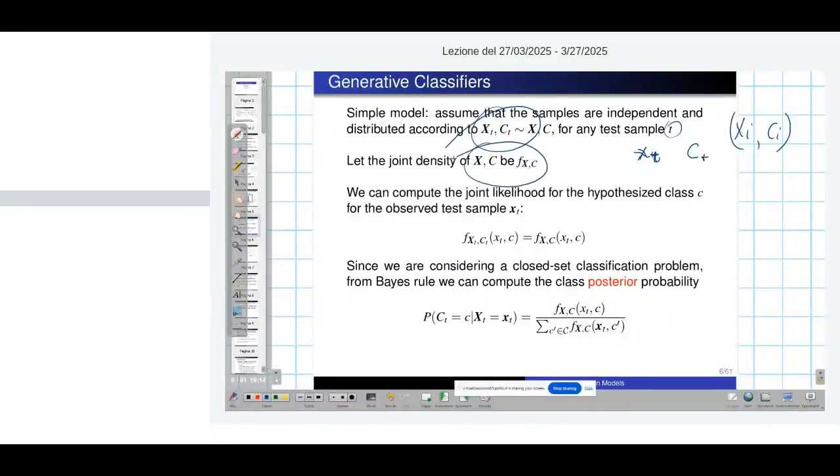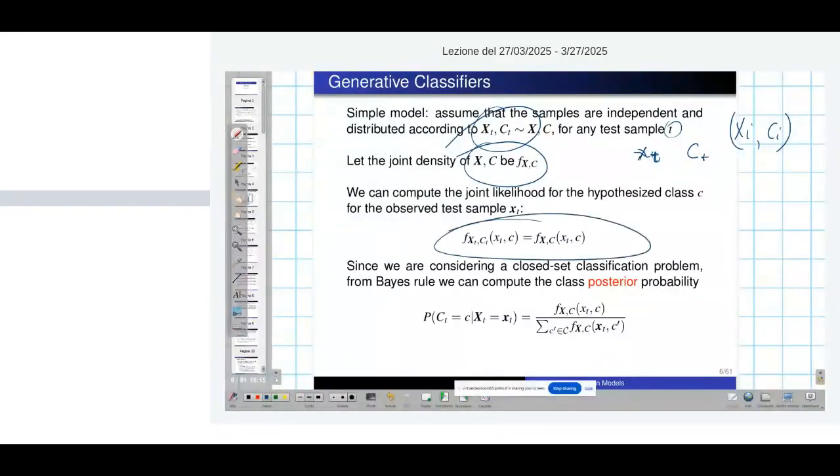We want to build a joint density for these two random variables that describe the class and the height. So what is the joint distribution of the class and height? For example, this will tell us the likelihood of having somebody who is 175 tall and male, or 175 tall and female.